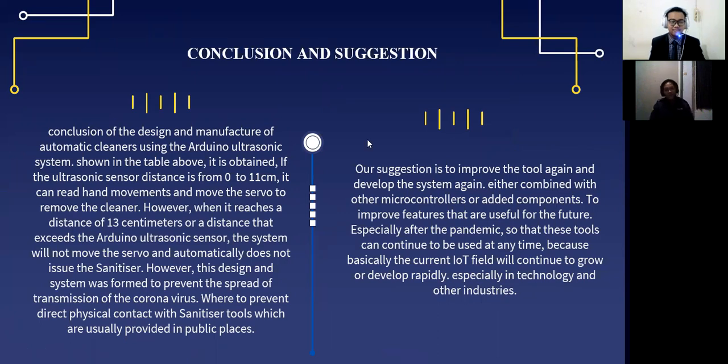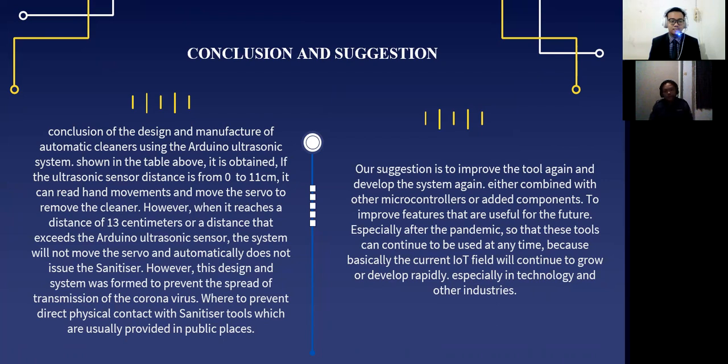Okay, thank you for the explanation, Virgi. And now I will explain our conclusion and suggestion. First, the conclusion of the design and manufacture of automatic cleaners using the Arduino ultrasonic system shown in the table above is that if the ultrasonic sensor distance is from 0 to 11 centimeters, it can read hand movement and move the servo to release the cleaner.